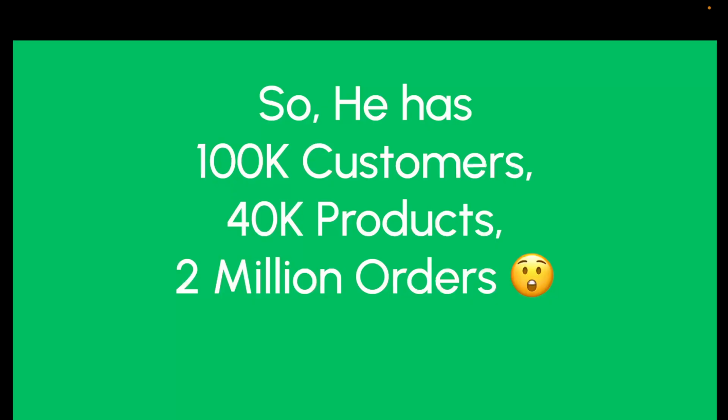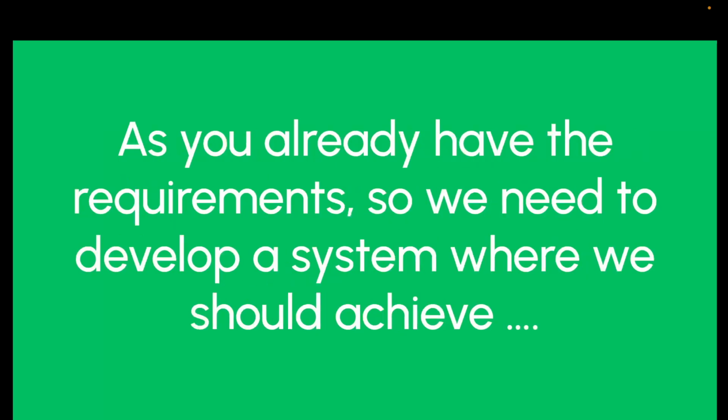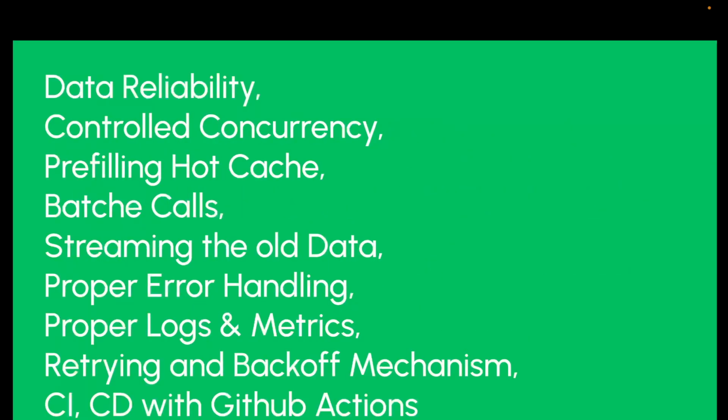So as per Shopify allows, we should maintain the reliability. So as you already have the requirements, we need to develop a backend server where we should achieve data reliability. We should not miss a single data.